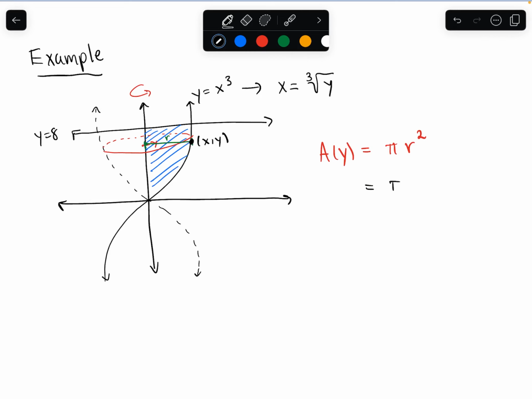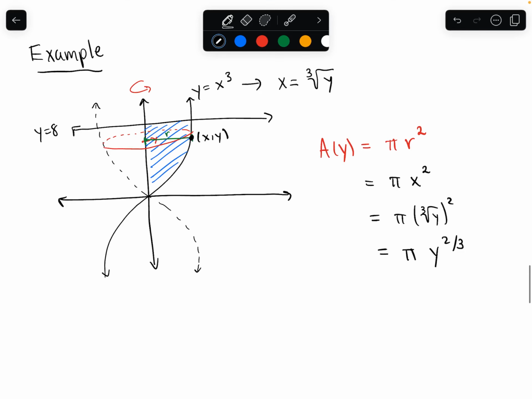The radius here is just equal to x, so pi x squared. But x is the cube root of y, so this is pi times the cube root of y squared, otherwise known as y to the 2/3. So that is the area of that cross-section, that circle in red right there.